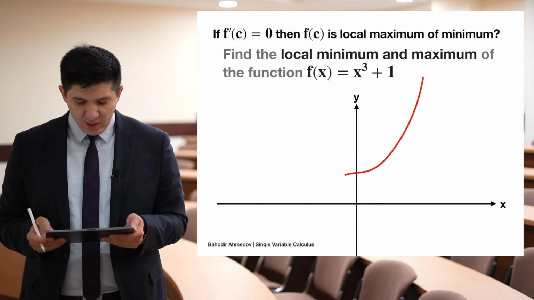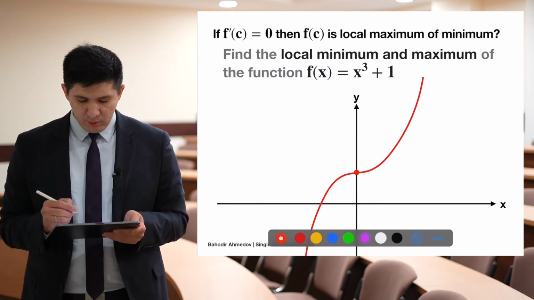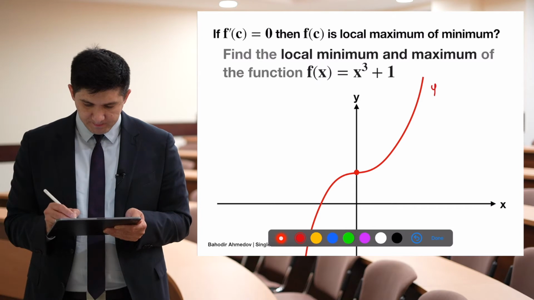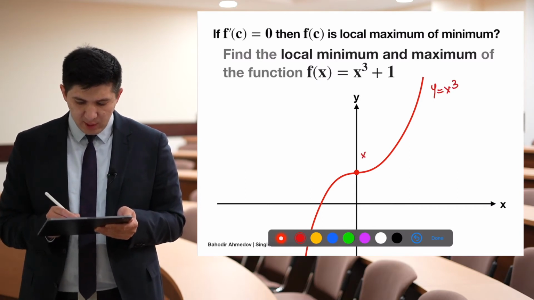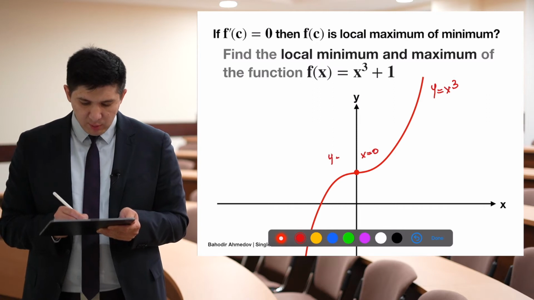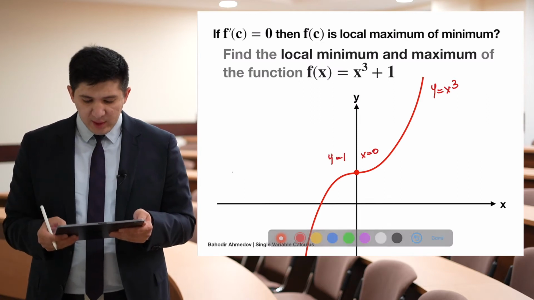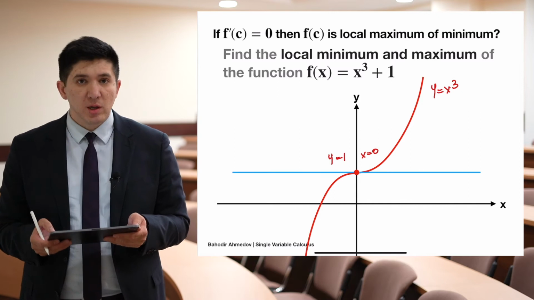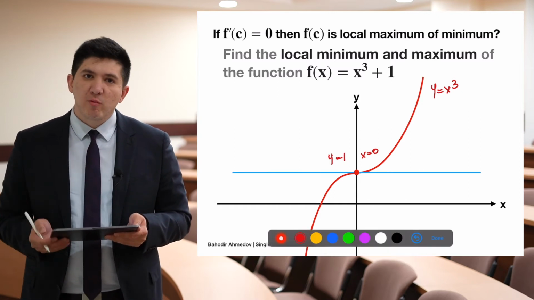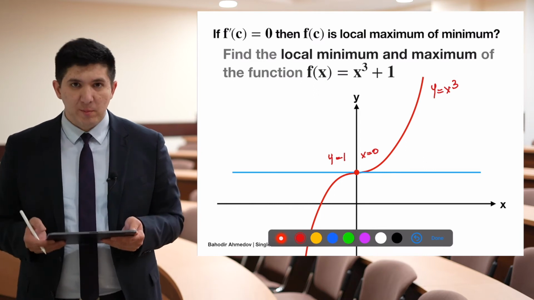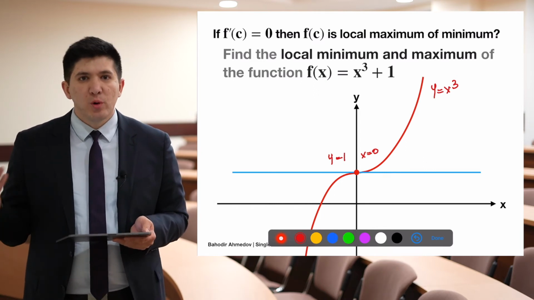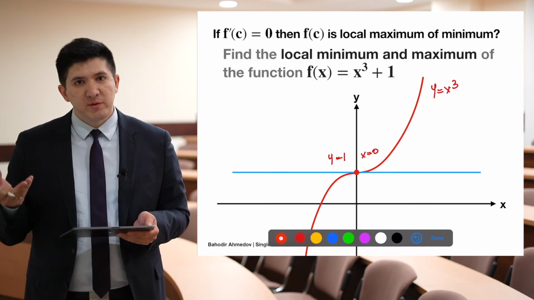If you sketch the graph of y equal to x cubed, you can see that at x equal to 0, the tangent line is horizontal, but this point is neither a local minimum nor a local maximum. So the statement doesn't work in the inverse direction.